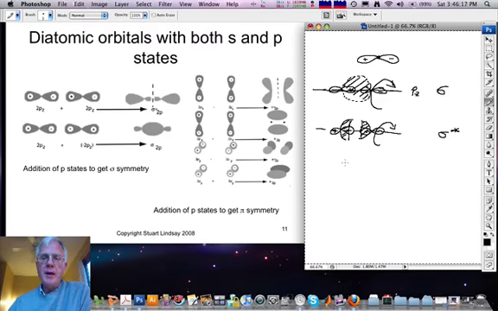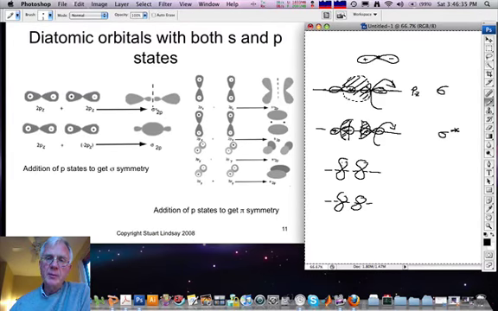What about the remaining px and py orbitals? Well, these now lie perpendicular to the line that joins the two atoms, and there are once again two possibilities for the interactions between these states on the atoms. They can have the same sign, or they can have the opposite sign.